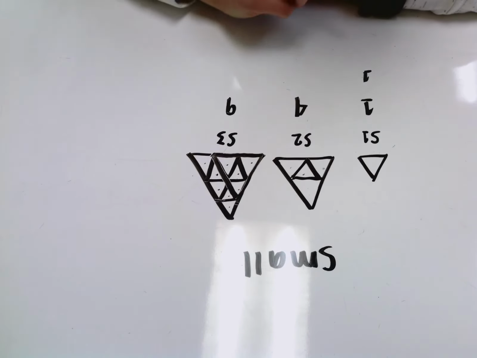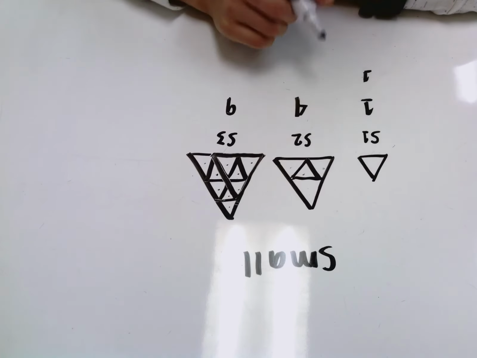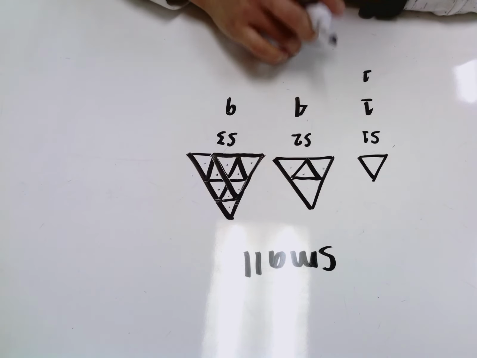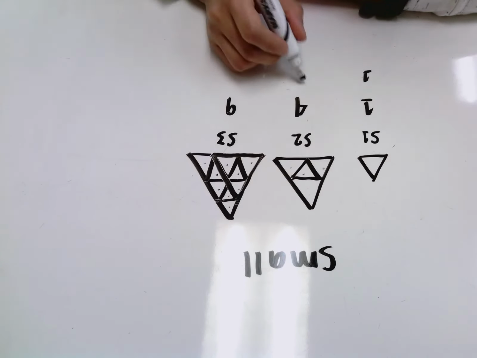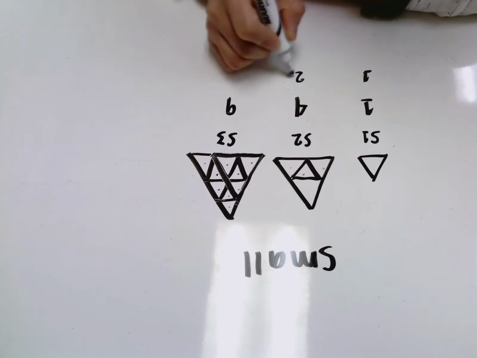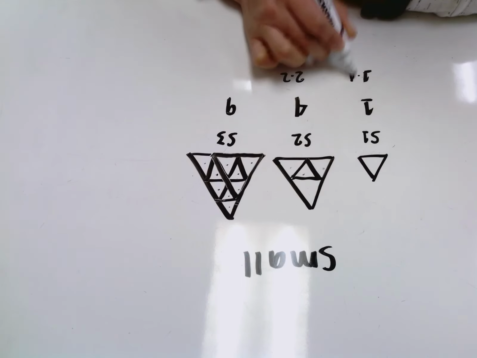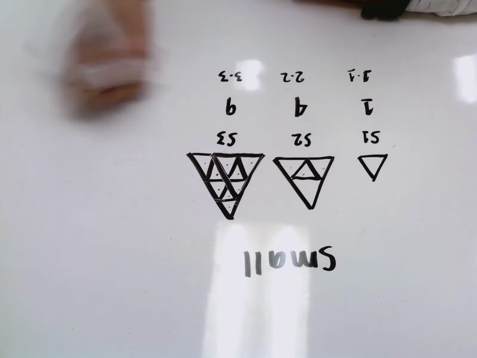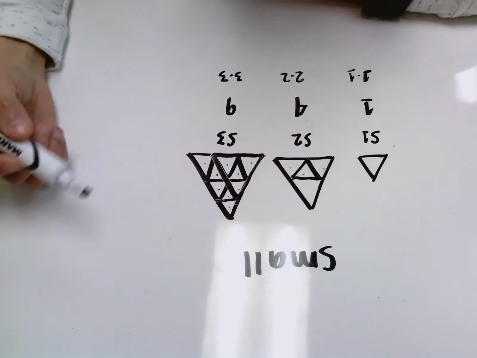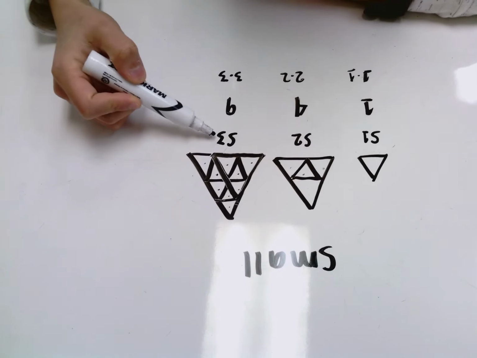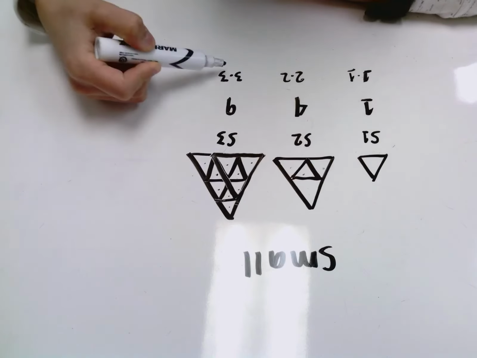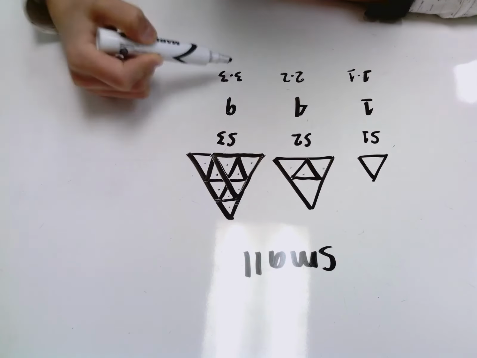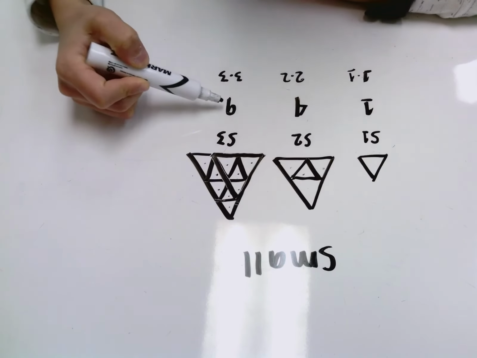4 is a perfect square number because you can find a natural number such that if you multiply that number by itself, you will get 4, which is 2 times 2, and it's 1 times 1. And 9 is a perfect square number because 3 times 3 is 9. So notice that the stage number determines the number to multiply by itself, and that gives you the total number of small triangles.